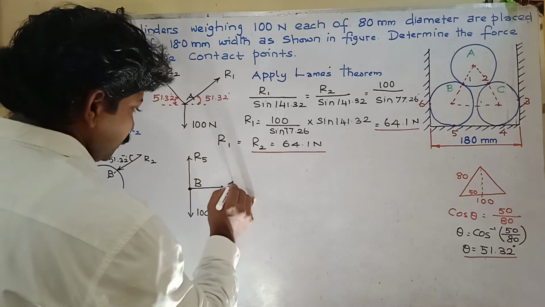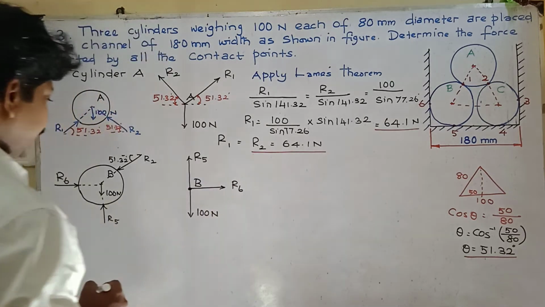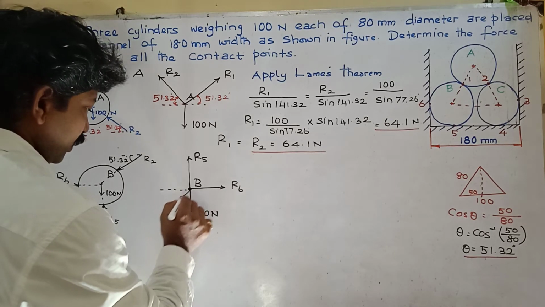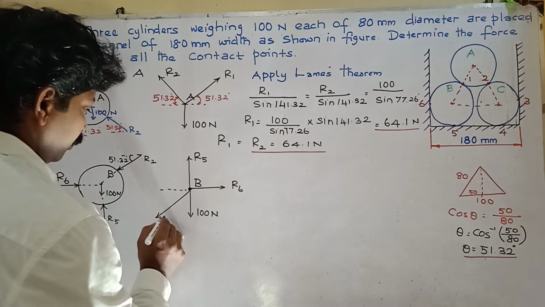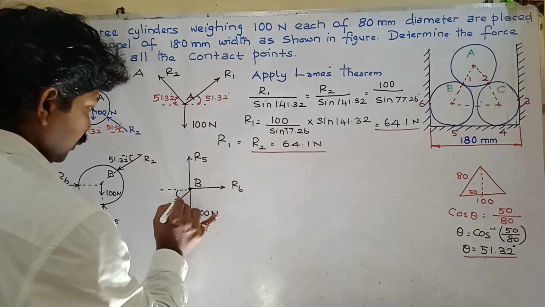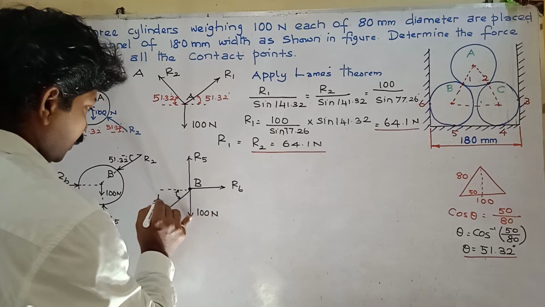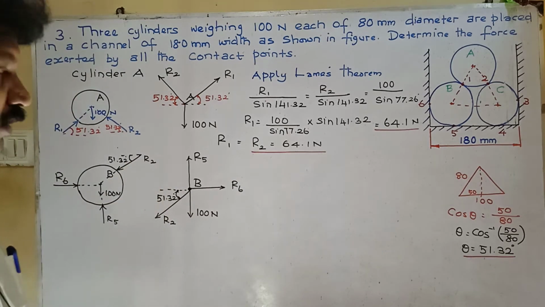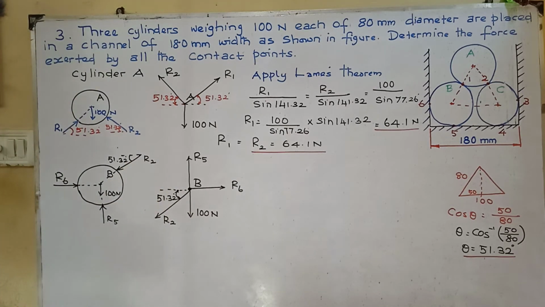Apply the principle of transmissibility, R6 towards the right side, and R2 with the horizontal 51.32 degree.